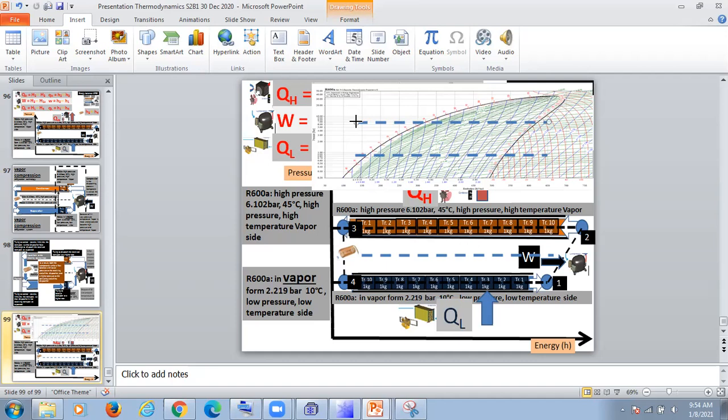Liquid form means it should be on this liquid line of the vapor dome, or a little inwards. Quite interesting.